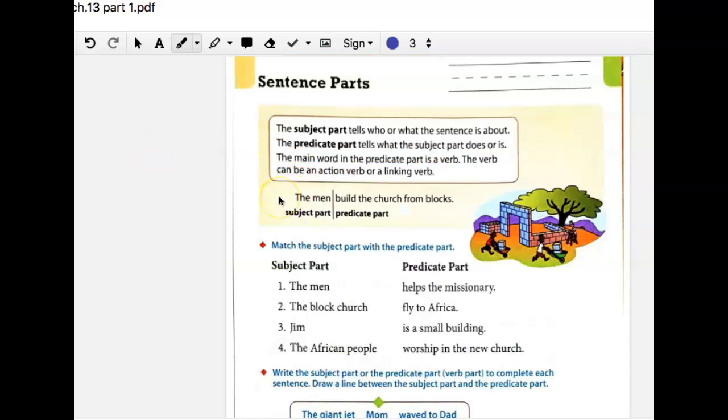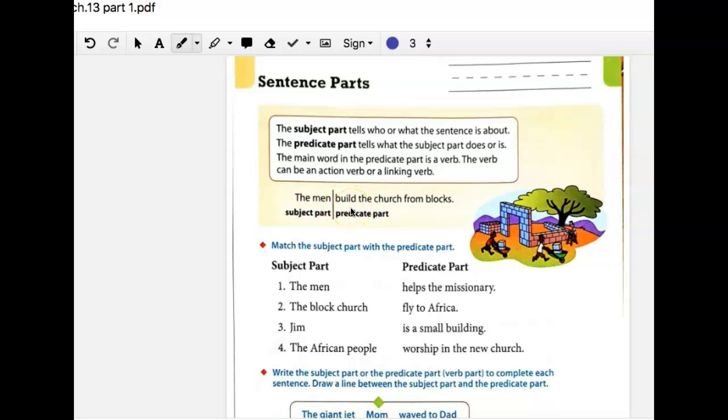So let's look at an example. The men build the church from blocks. So this sentence is about the men. That's why the men is the subject part. Then what about the men? The men build the church from blocks. And remember, the main word in the predicate part is a verb.